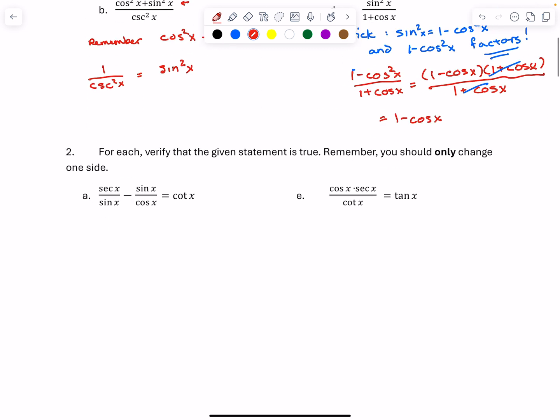Okay. So I'm going to take the left side of this one.